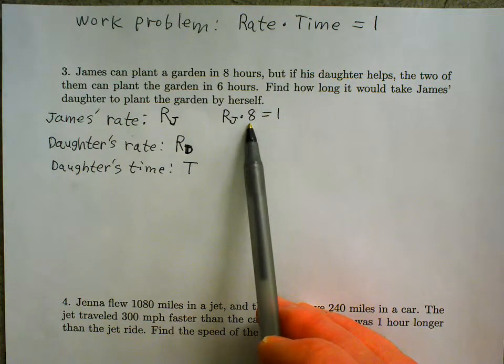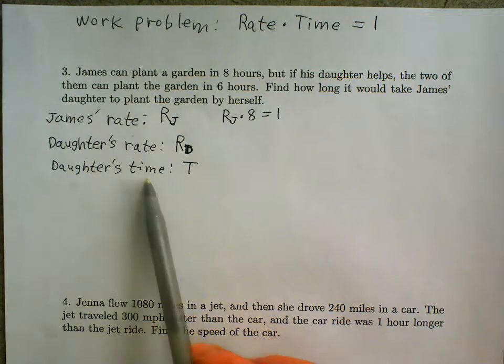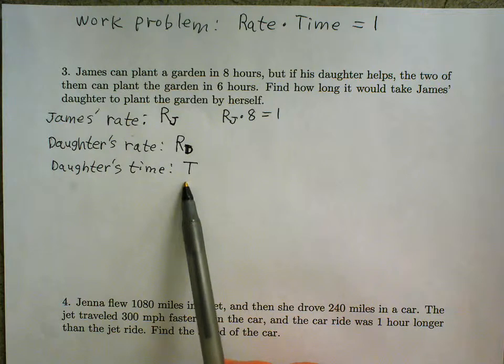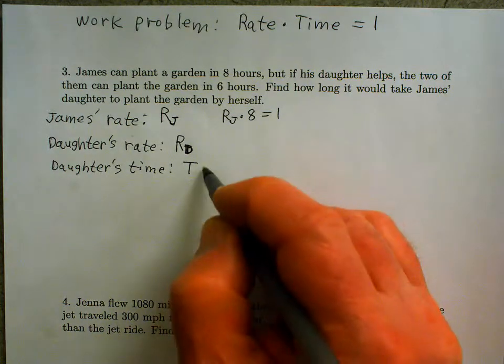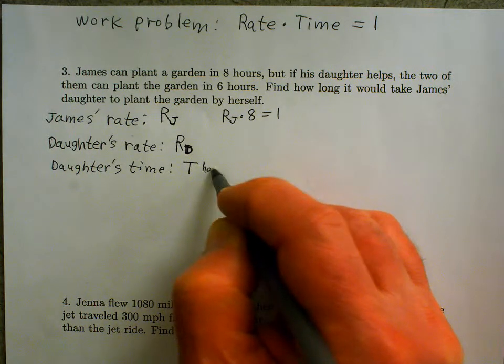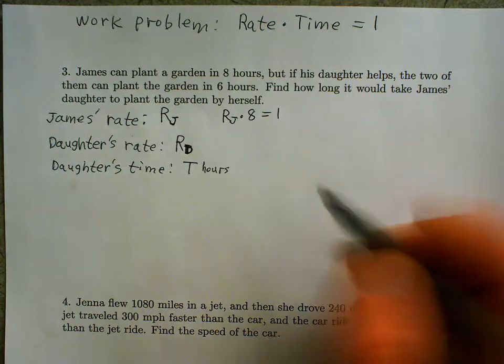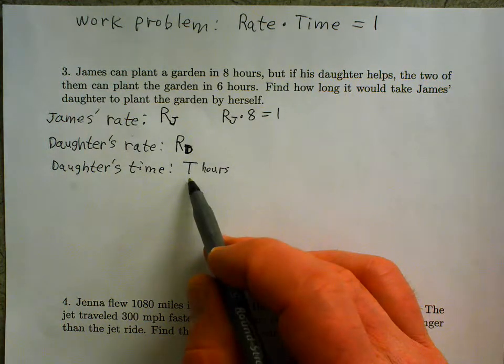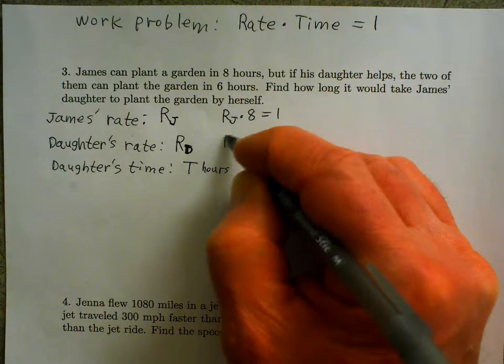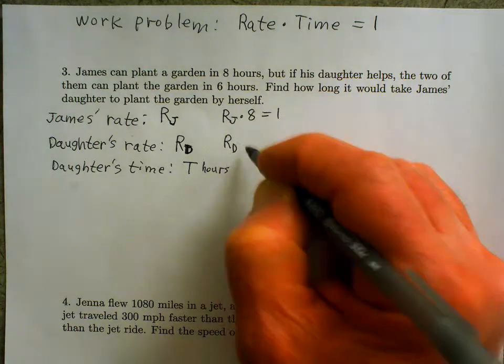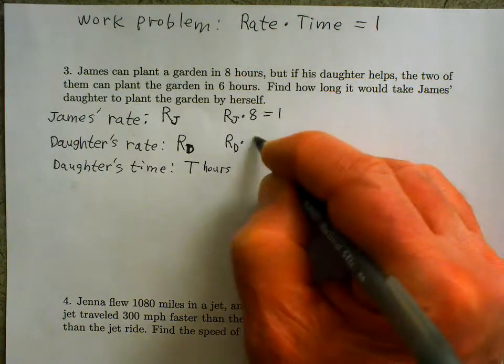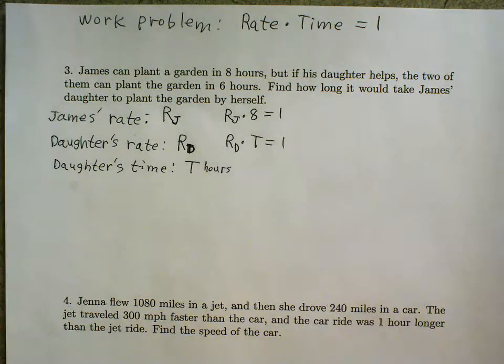It's 8 hours. So the daughter's time is T, measured in hours, T hours. Okay, so if the daughter works by herself, she works at her rate for T hours to plant 1 garden.